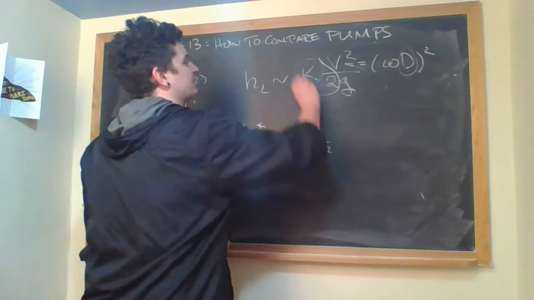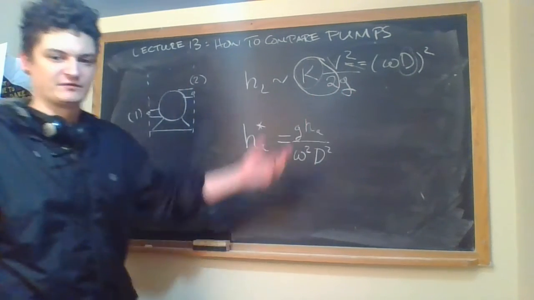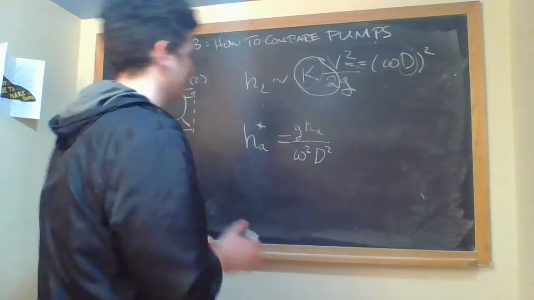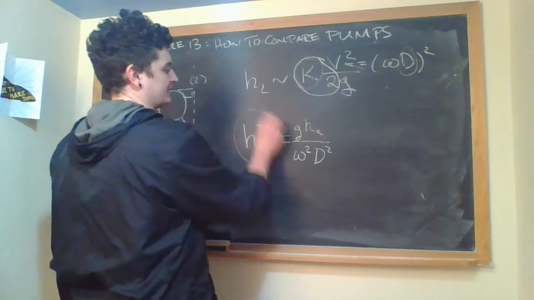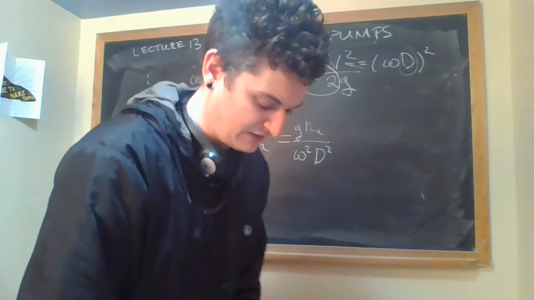These don't really matter in the scale sense, the k and the 2. Keep the g around because it refers to what planet you're on. Right? So that's non-dimensional head rise, gH_A over omega squared D squared. Wonderful.